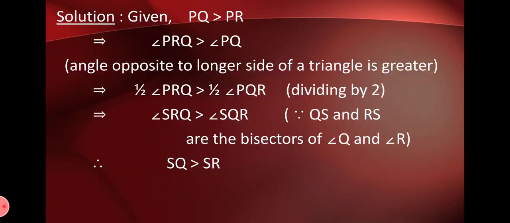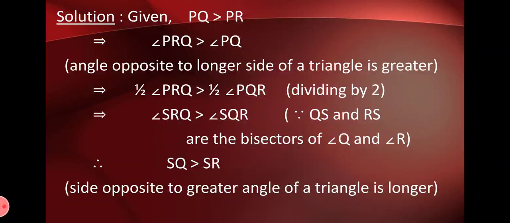Therefore, SQ is greater than SR, because the side opposite to the greater angle is longer. That we have learned according to the inequality property. Why is SQ greater than SR? Because the side opposite to the greater angle of a triangle is longer.